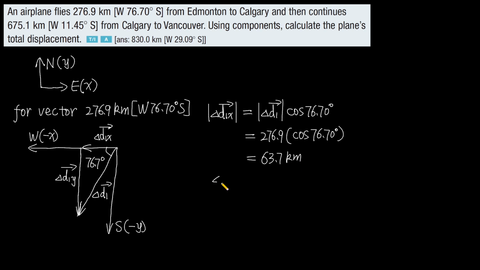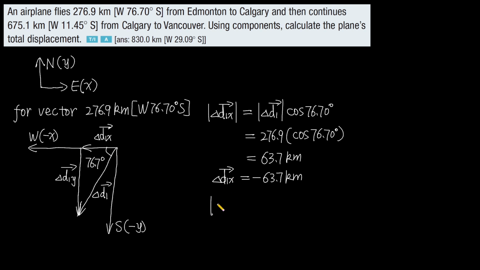Then the vector delta d1x is negative 63.7 kilometers. It's negative because its direction is the negative x direction.